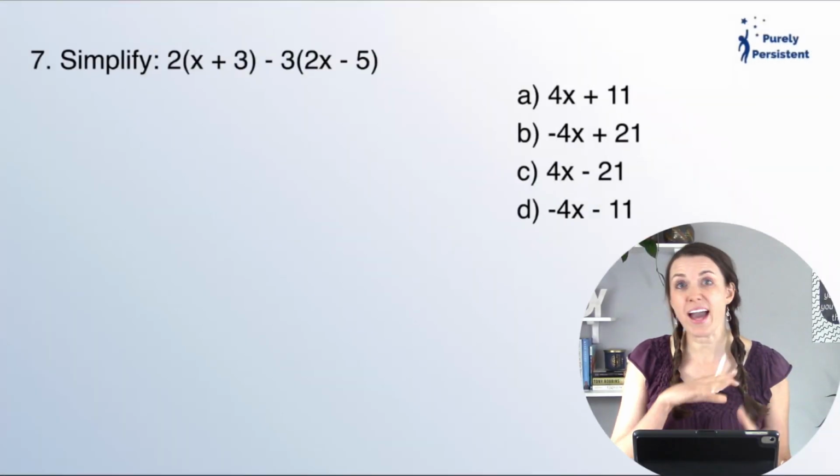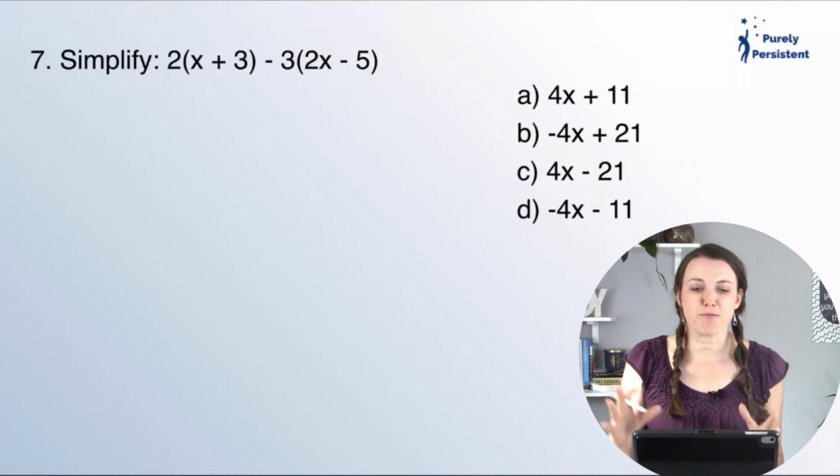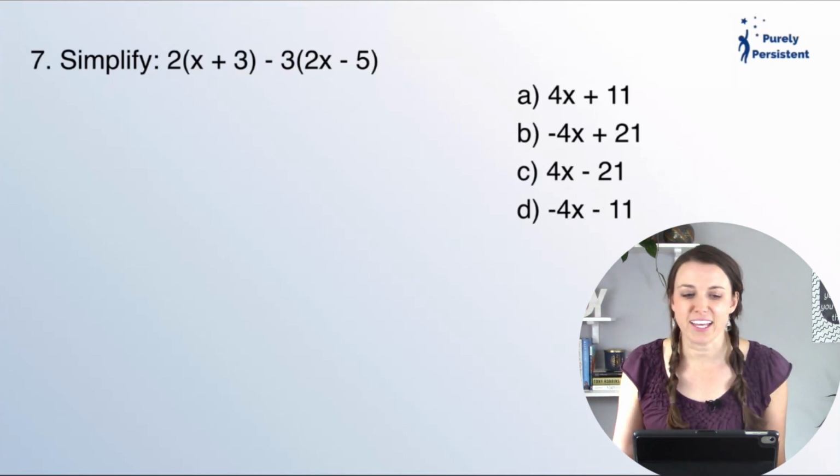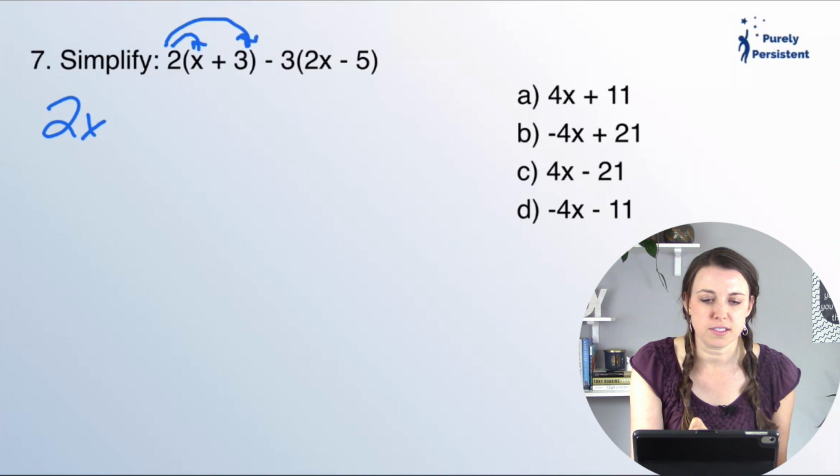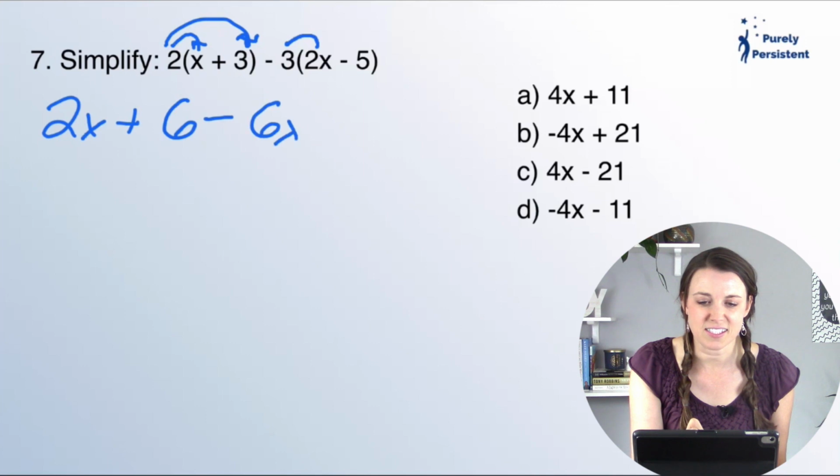All right, we're going back into our distributive property where we're multiplying through. So I have here 2 times x is 2x, and then 2 times 3 is 6. Negative 3 times 2x is negative 6x, and then negative 3 times negative 5 is positive 15. Right?